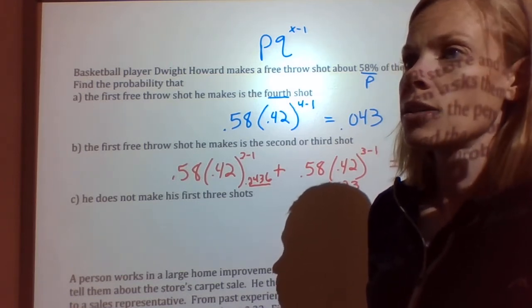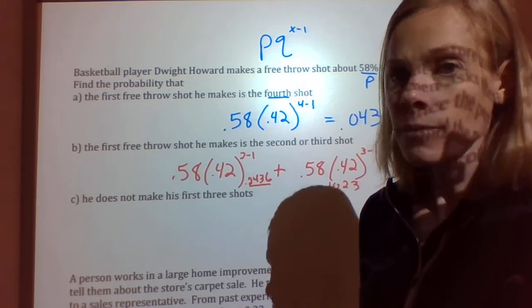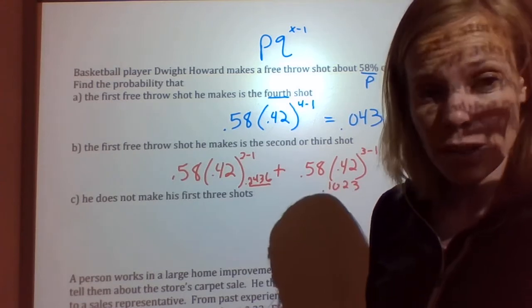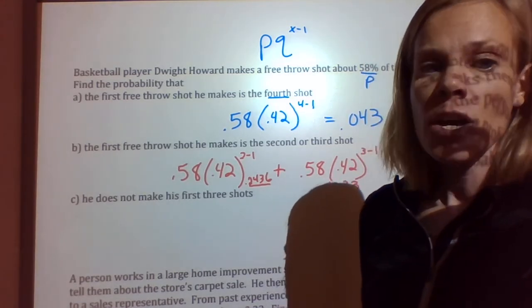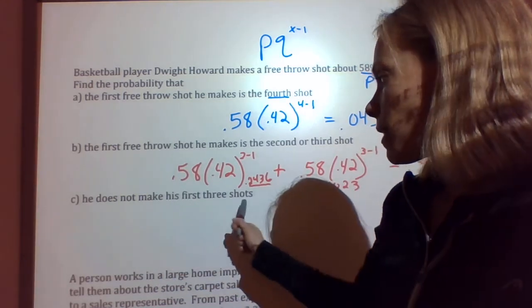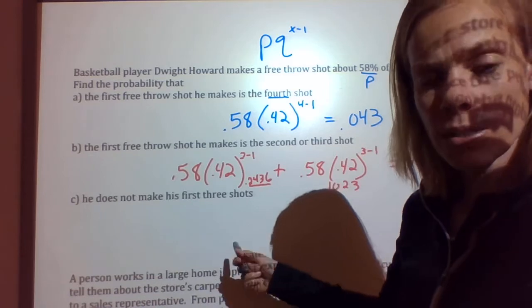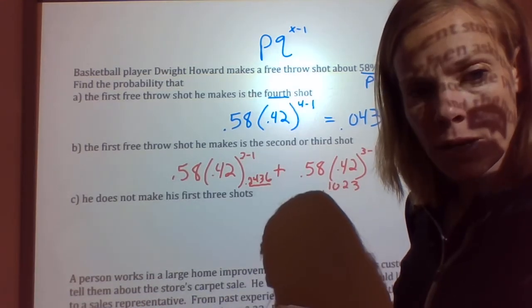If his first success was the 10th shot, did he still miss the first 3? Yes. If his first successful shot was the 20th shot, did he still miss the first 3? Yes. So you can't solve it this way. You can't say the first success was the 4th one or the 5th one or the 6th one or the 7th one or the 8th one, because you keep going forever. So you have to do this one by the complement.